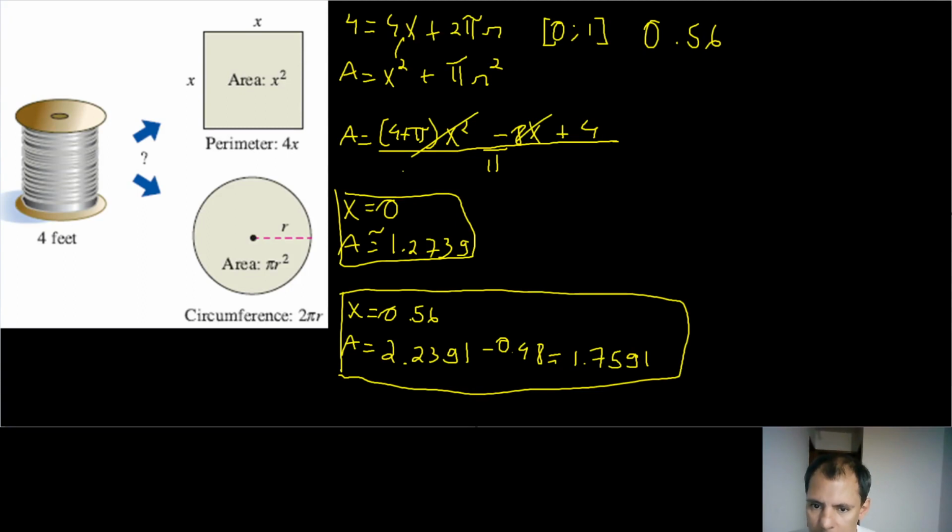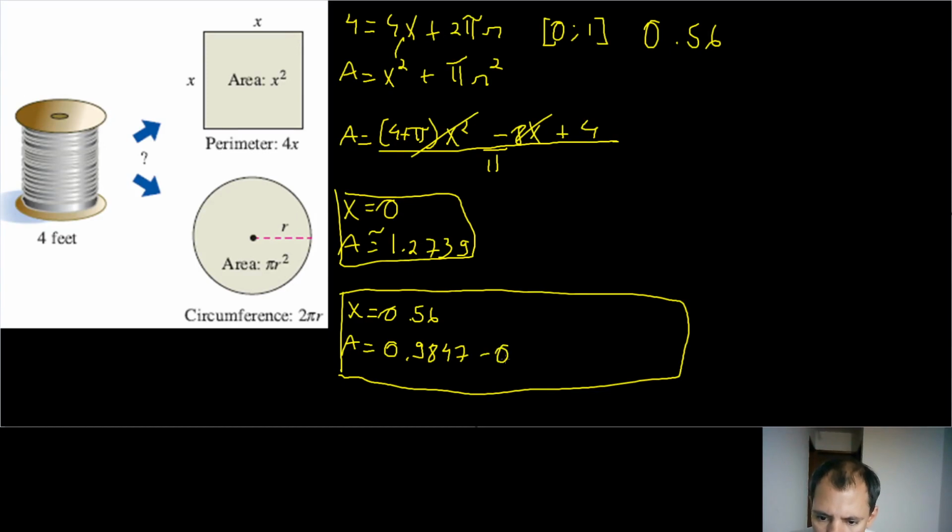Oh no, I made a mistake. I knew it. I knew something was wrong. This one here for 0.56, it's not that. It's 9.847. Okay. Minus 8 times 0.56.